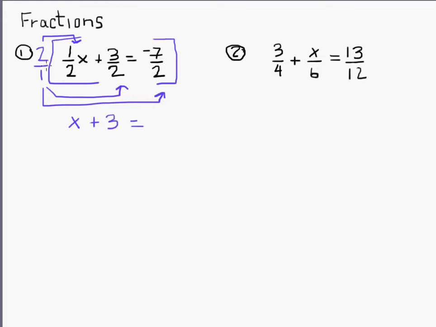And finally, 2 over 1 times negative 7 halves. Again, the 2's cancel and become the number 1, and they leave us with negative 7.